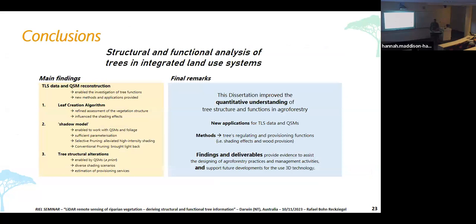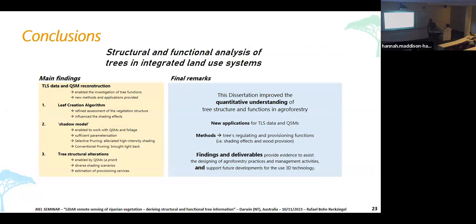So in finalizing, it was pretty much about deriving information from point clouds produced by terrestrial LiDAR. And then there was this leaf creation algorithm, which proved to be very useful also if you want to derive information on the foliage of trees, like leaf area index. And then the shadow model, assessing the insolation reduction.